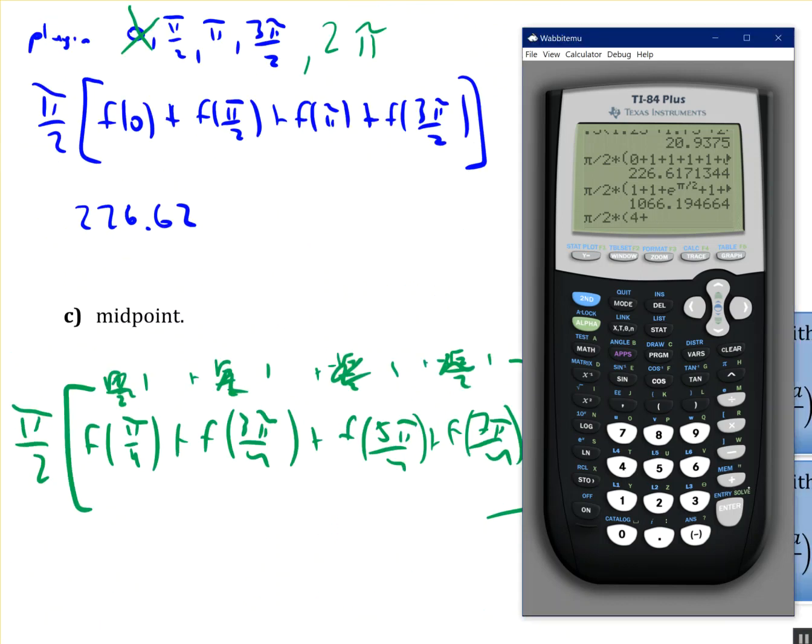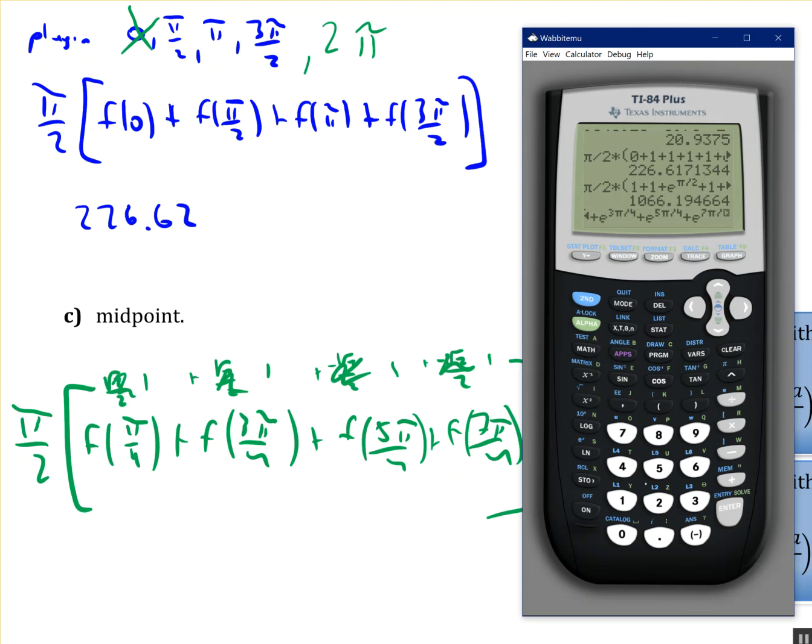So I can just plug in e to the pi over 4 plus e to the 3 pi over 4. No shortcut on this. Plus e to the 5 pi over 4 plus e to the 7 pi over 4.